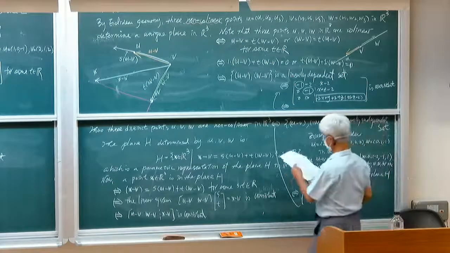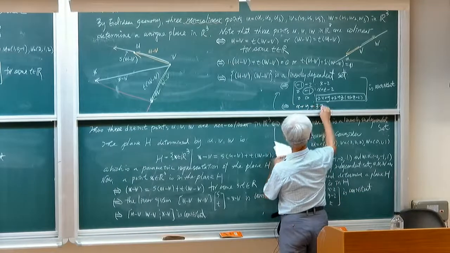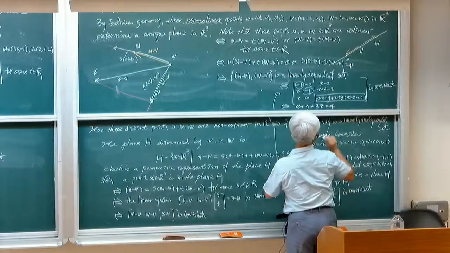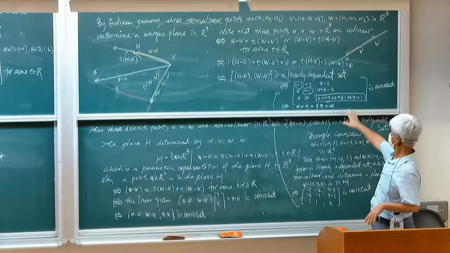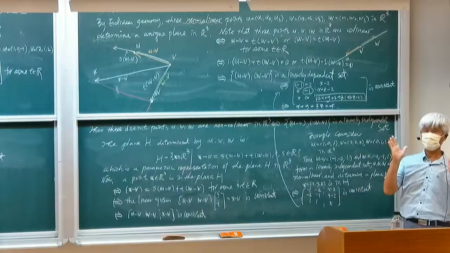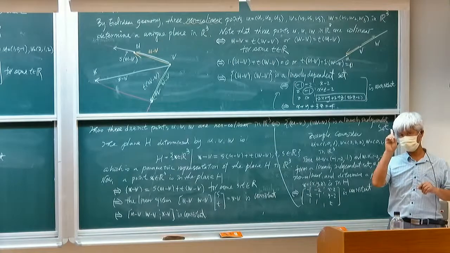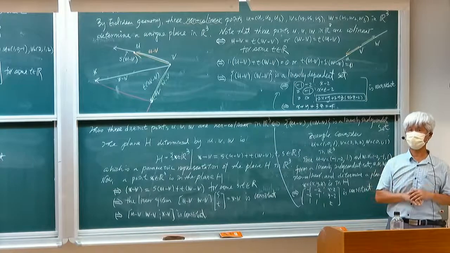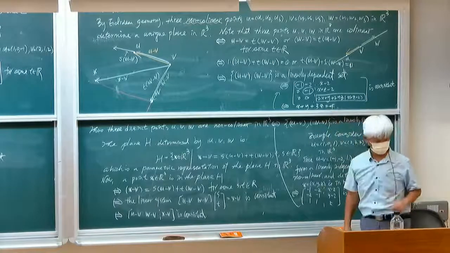And so this is if and only if x plus y plus 3z equals 4. So once again, as we well know, a plane in three-dimensional Euclidean space can be described by a single linear equation, just one. So that is the case.